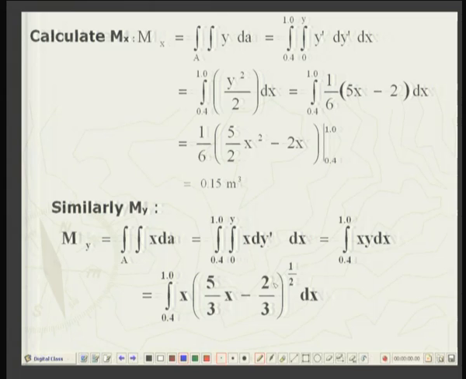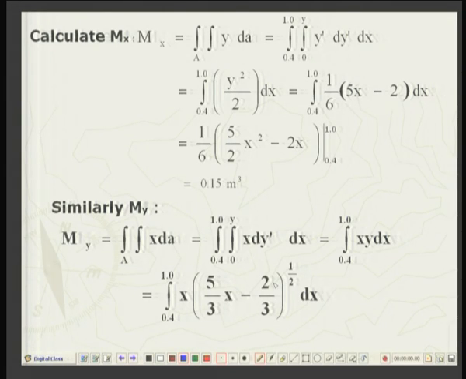So, first carry out this integration on y square by 2, and then substitute for y square from the equation of the curvilinear edge, you will get this integral, and carry out the integration on x, substitute the lower limit and upper limit, you will get the moment as 0.15 meter cubed. Area was meter square obviously, and moment will be meter cubed.